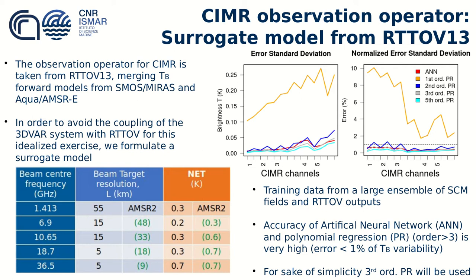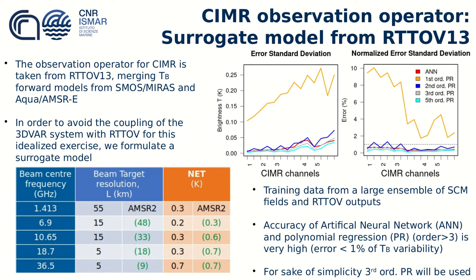Another aspect of our study is the observation operator for CIMR, which is based on MIRAS for the salinity sensitivity channel, the first channel, and AMSR-E for the other channels. Forward, tangent and adjoint models are taken from RTTOV 13.